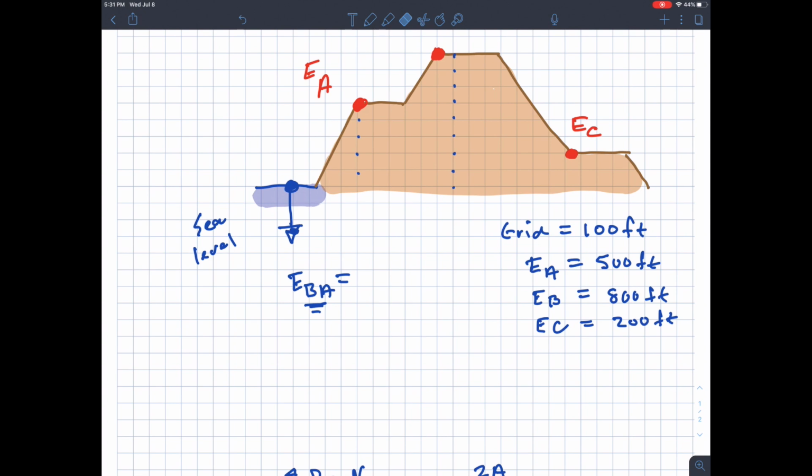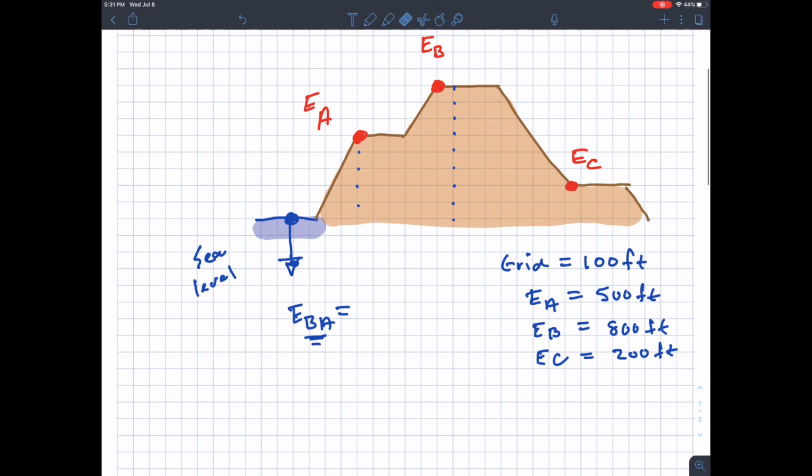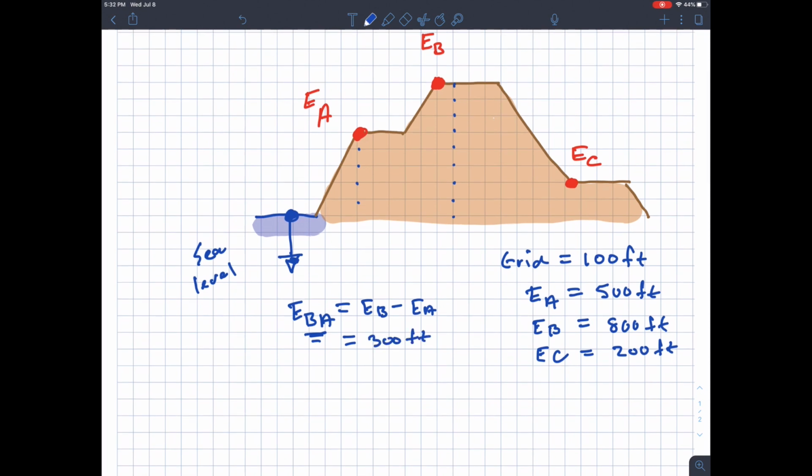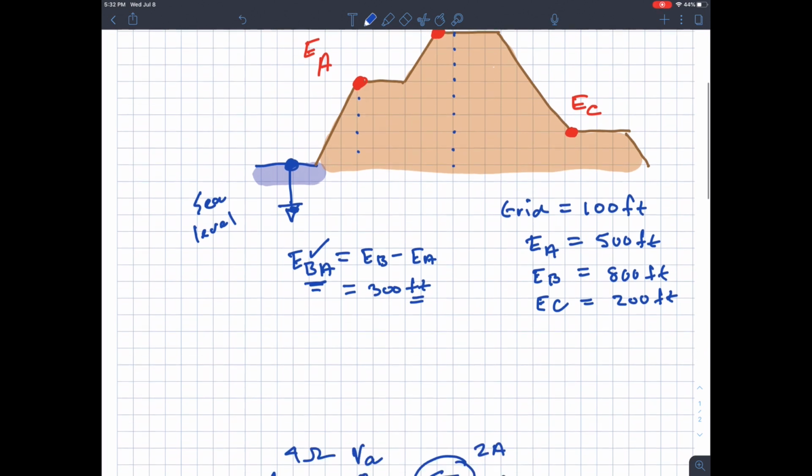In this case, we chose sea level. So if I wanted EBA, the elevation difference between point B and point A, you could get that by just writing EB minus EA. Okay, and so that would work out. 800 minus 500 is 300 feet. Because that's a positive number, we would have the interpretation that point B is at a higher elevation than point A.